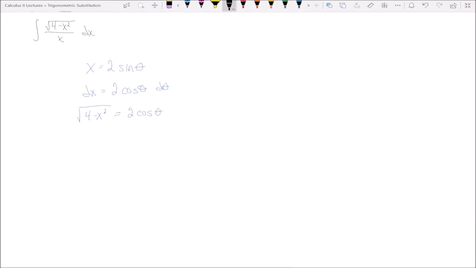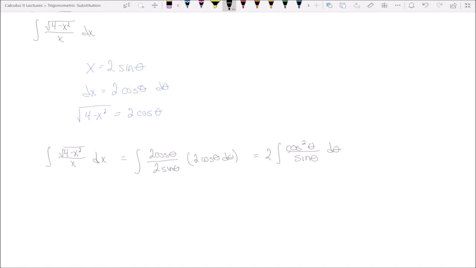What we get is the antiderivative of 2 cosine theta over 2 sine theta times 2 cosine of theta d theta. Simplifying that, we'll get 2 times the antiderivative of cosine squared theta over sine theta.